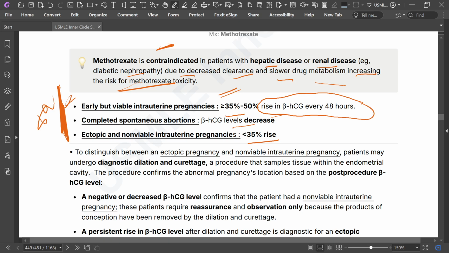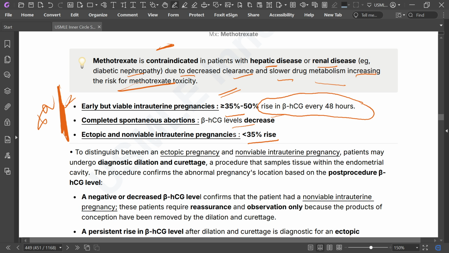Beta hCG level should drop by at least 15%. They are followed weekly until resolution. If the level drops less than 15% at any point, a repeat dose of methotrexate is administered.